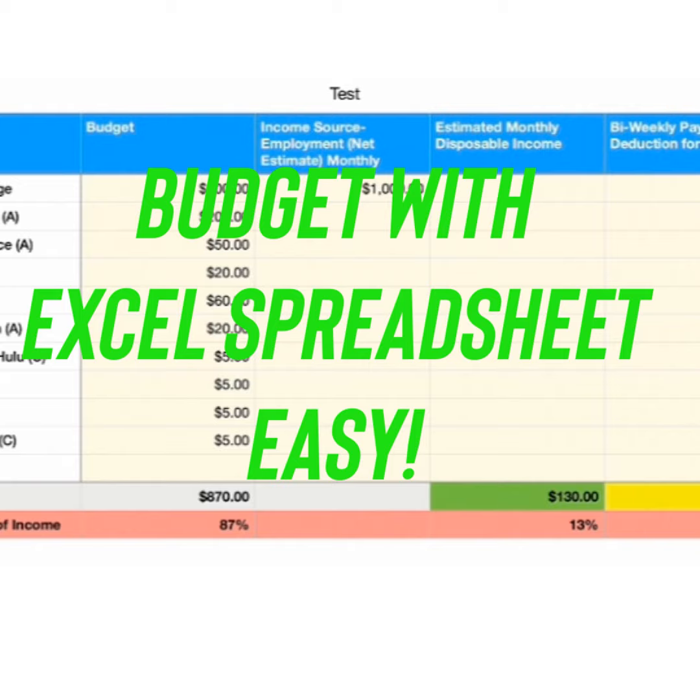Now, I'm going to click on each cell or each box so that you'll be able to see the formulas that I use to come up with these numbers. The formulas are very helpful because it allows the spreadsheet to basically do the math for you, which is crazy helpful.